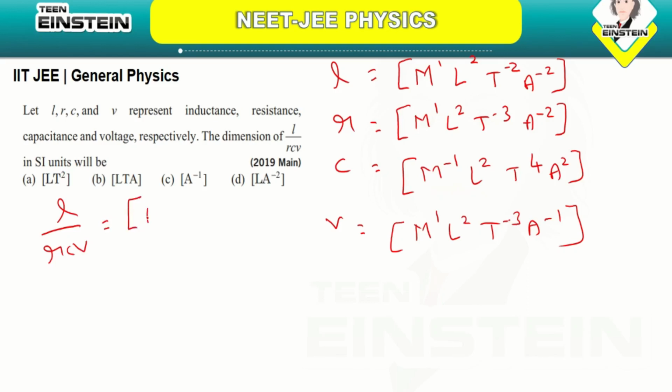here you are having L as M 1 L square T power minus 2 A power minus 2 divided by R C V. So M and M will get cancelled, you will be having M here, and next L square, L square.